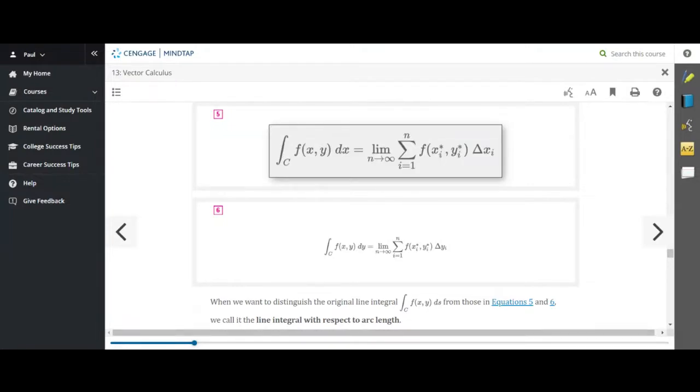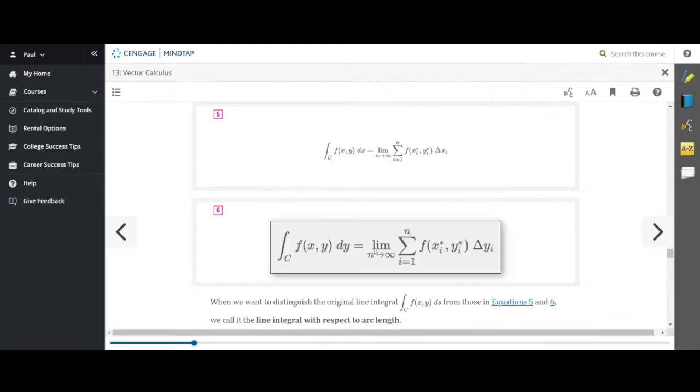The line integral we did was with respect to arc length. When you have the integral with ds, it's with respect to arc length, and we're able to compute that now. But you can also have line integrals with respect to x, for instance, and with respect to y. You can have those line integrals as well.